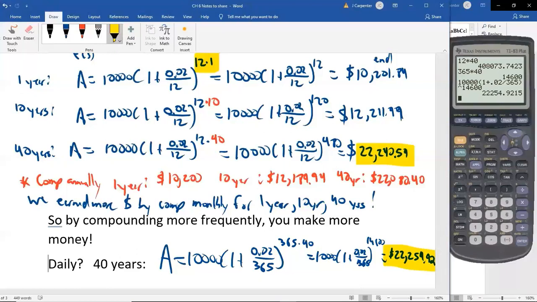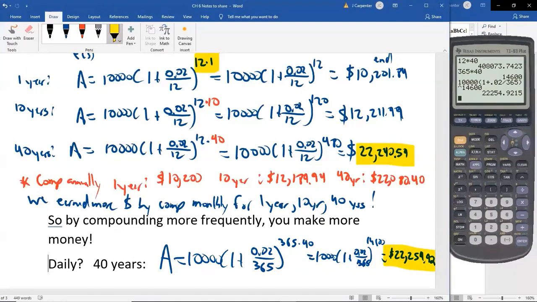Actually, that margin of increase is smaller. You go from 240 to 254, you've only gained an extra 14 bucks by compounding your interest 15,000 times instead of 500 times over that interval. And this is because this 2%, when you pay that out daily, you're making a sliver of a fraction of a percentage.